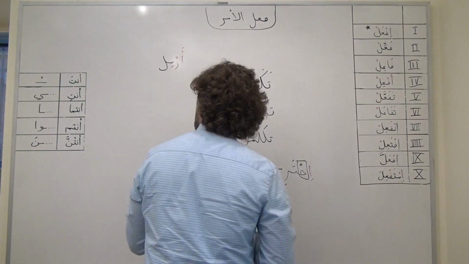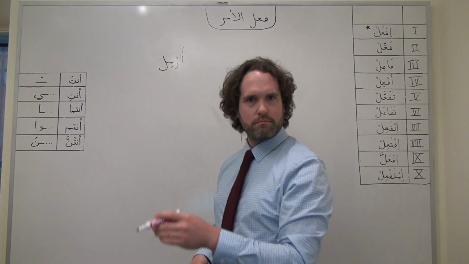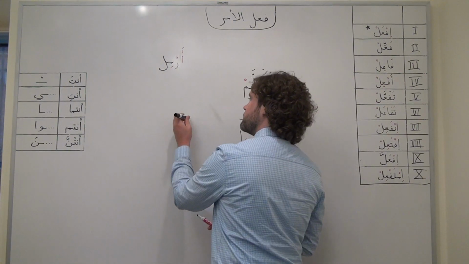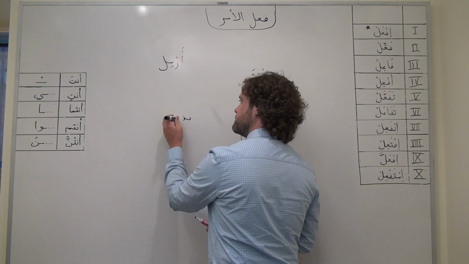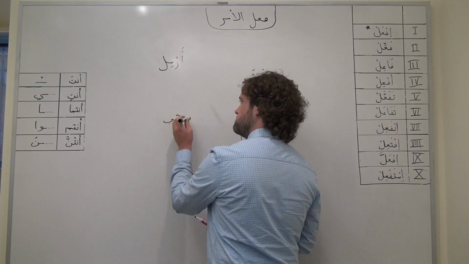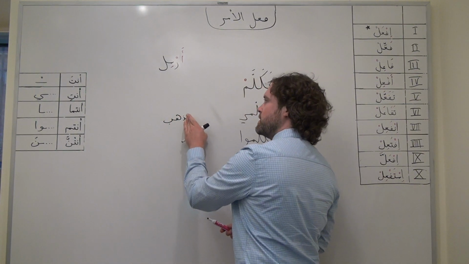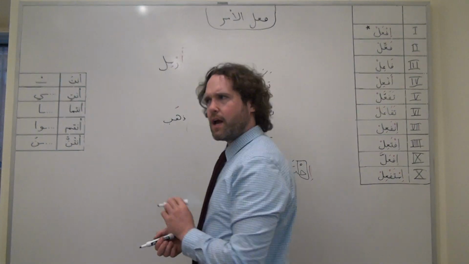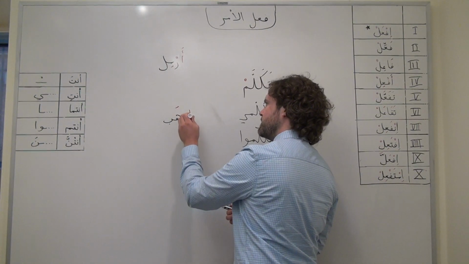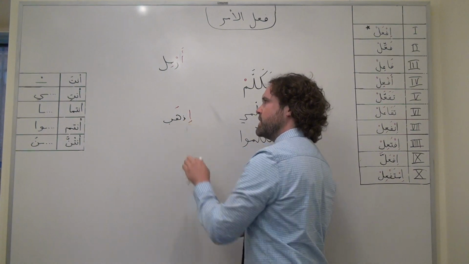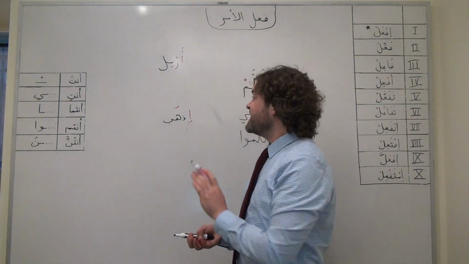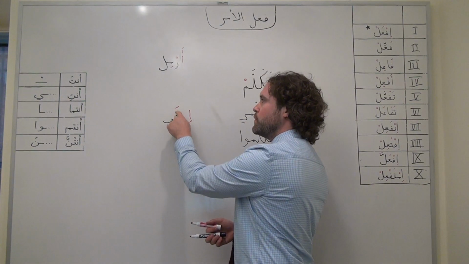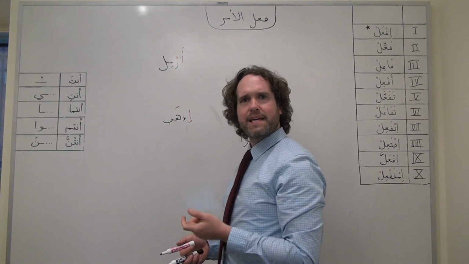So if I want to say go to the party, or go to your room, or something like that, I would take tadhhab, for example, and then I have a fatha here, and with a fatha, I'm going to add an alif with a kasra, idhhab. Same thing if I have a verb whose middle vowel in form 1 is a kasra.